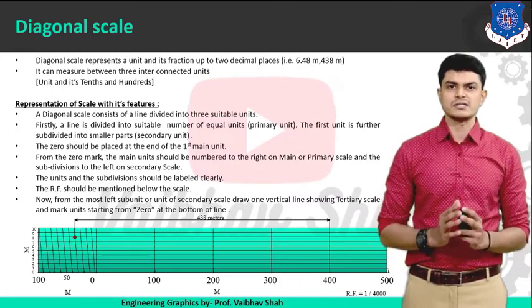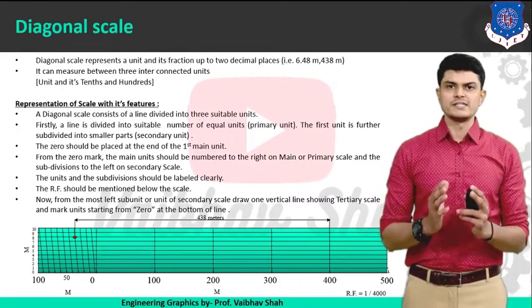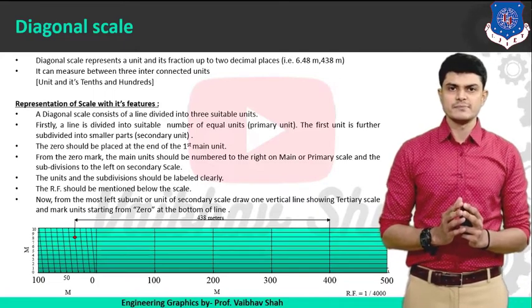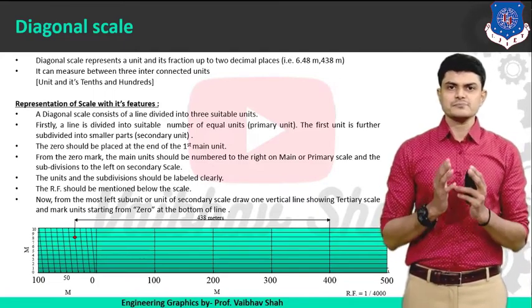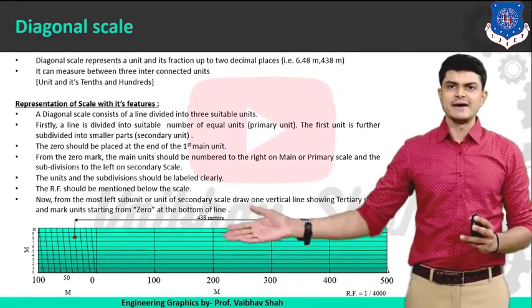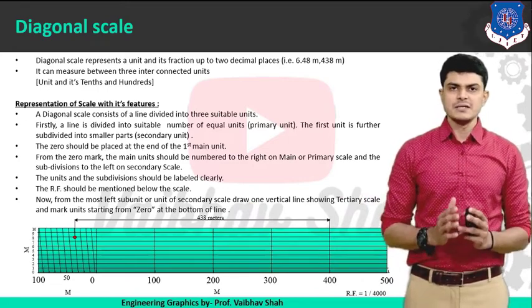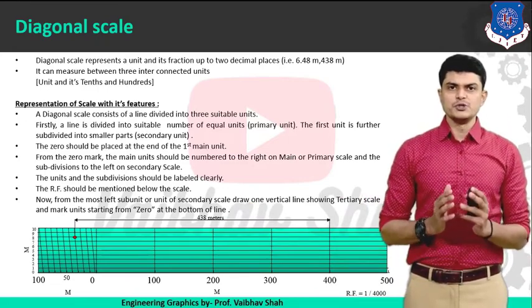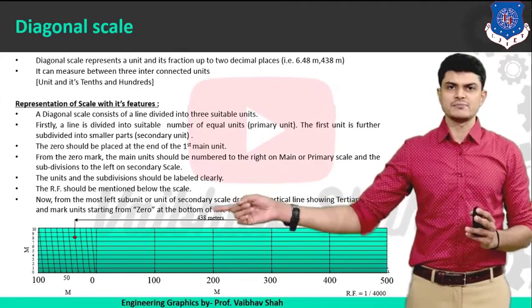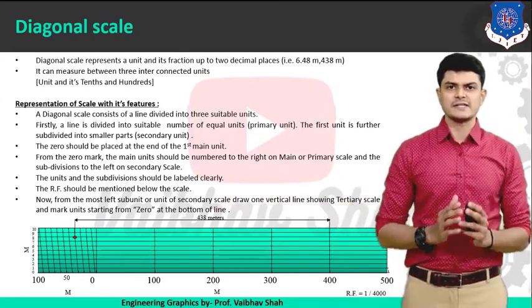So how to construct a diagonal scale? First of all, we need to find out your primary or main unit. After that, the first task is to draw one straight line and divide this straight line into a suitable number of equal parts. After dividing this line, you should divide the first division of that line into subdivisions, your secondary scale.